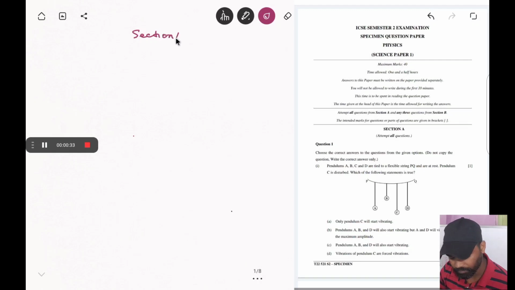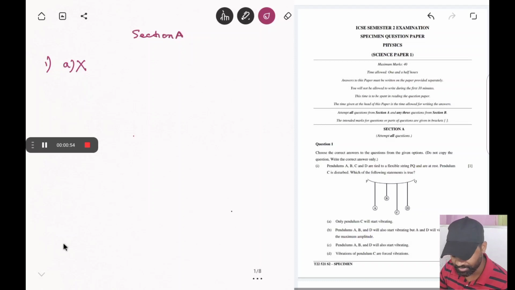Look over here. Now, the first question, if you look carefully, pendulum A, B, C, and D are tied to a flexible string PQ and are at rest. Pendulum C is disturbed. Which of the following statements is true? Option A, only pendulum C will start vibrating?